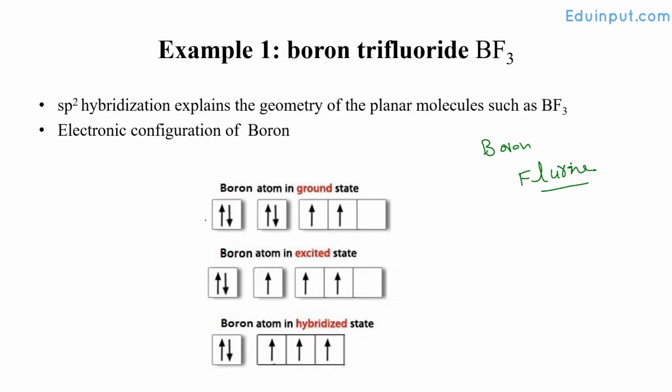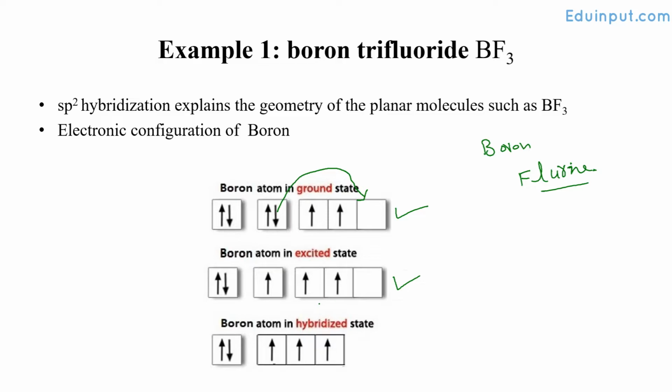First of all, we are going to start with the electronic configuration of the boron atom, having 5 electrons. This is the ground state electronic configuration of boron, and this is the excited state, where we can see that one electron has been shifted to the vacant p orbital. So this is the excited state electronic configuration of boron atom.